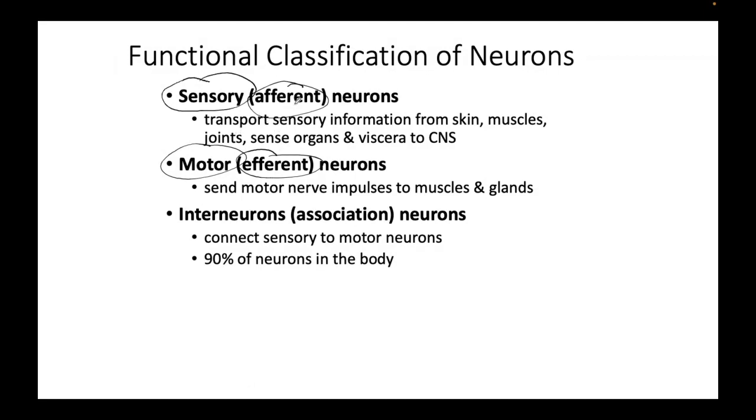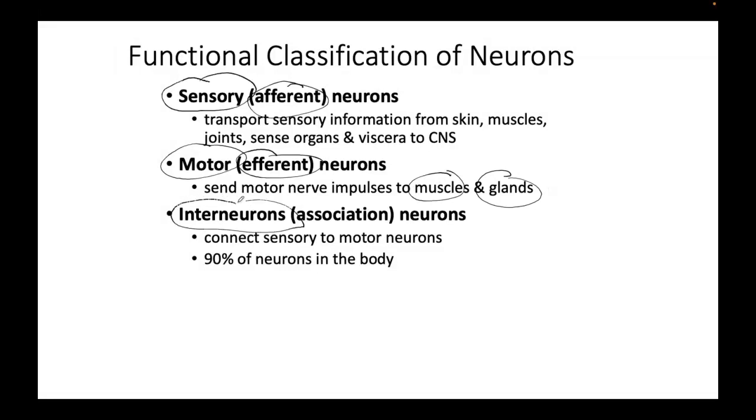So sensory afferent neurons are going to transport sensory information from your skin and from your muscles and from your joints and all your organs and sense organs to the brain and spinal cord. Whereas the motor or efferent neurons are going to send information from the brain down the spinal cord to all of your muscles and glands.